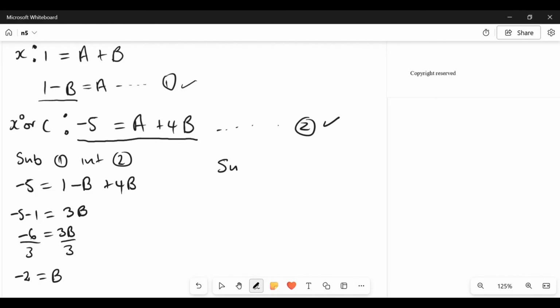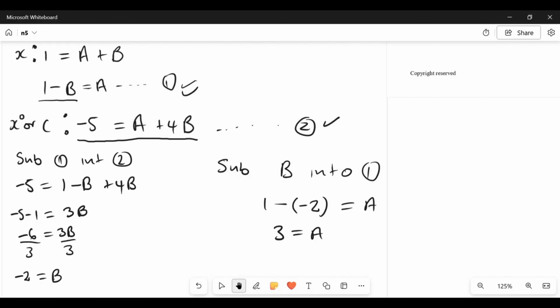We substitute b into 1. So here's our equation 1. Then we have 1 minus, instead of writing b, we're going to write negative 2, because b is equal to negative 2. All this is equal to a. So 1 minus negative 2 is going to give us positive 3. So a is equal to 3.